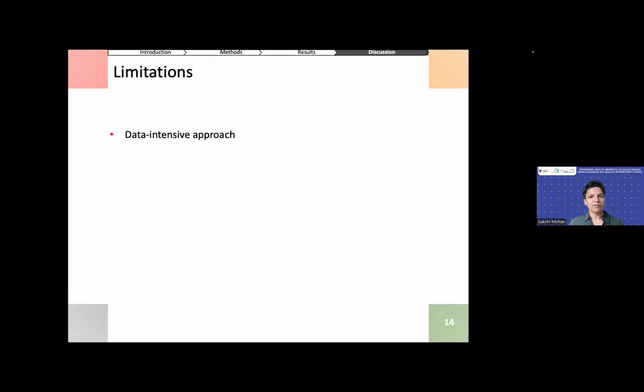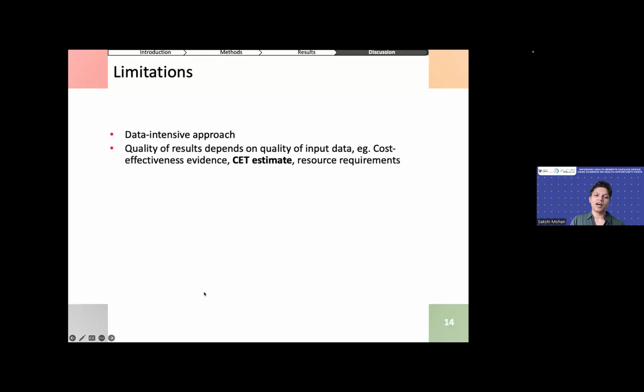Again, quickly on the limitations, just as the previous speakers have mentioned, this is a data-intensive approach, which is why it's very difficult to account for all possible interventions that countries can look at in this analysis. The quality of the results obviously depends on the quality of input data. All of the inputs were based on secondary sources.